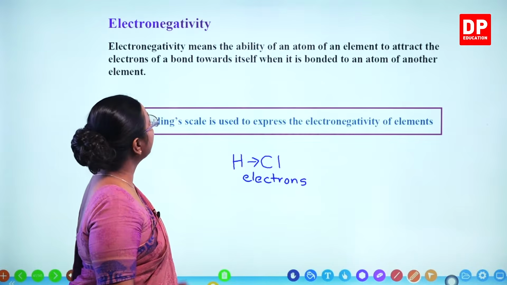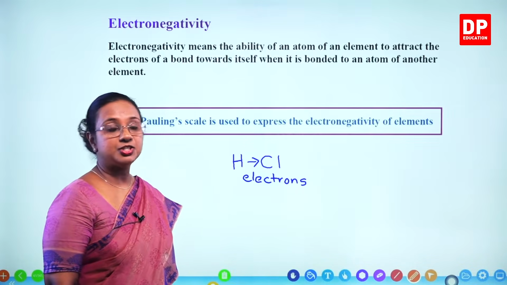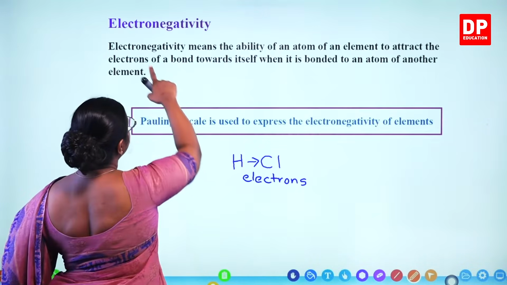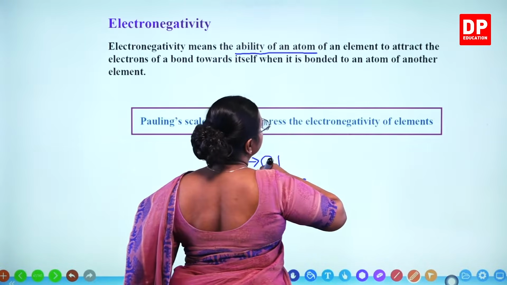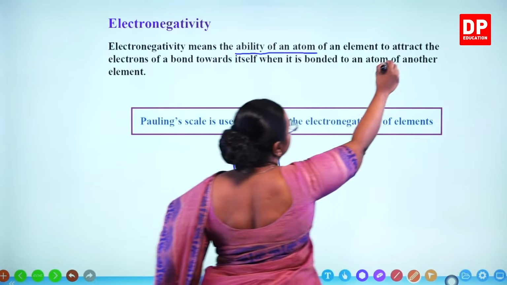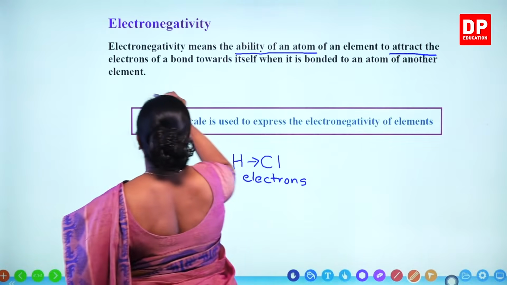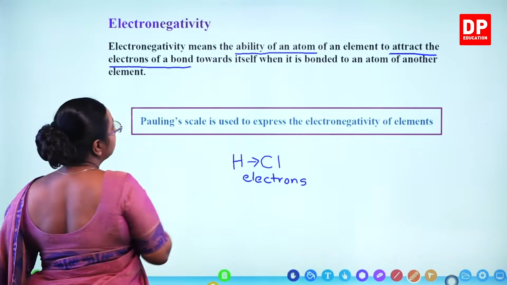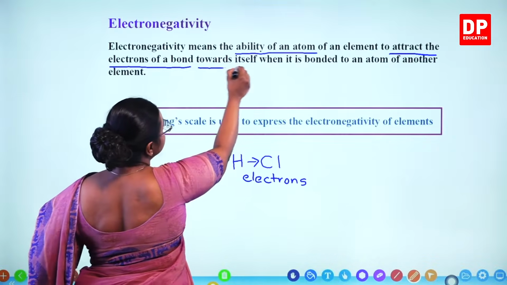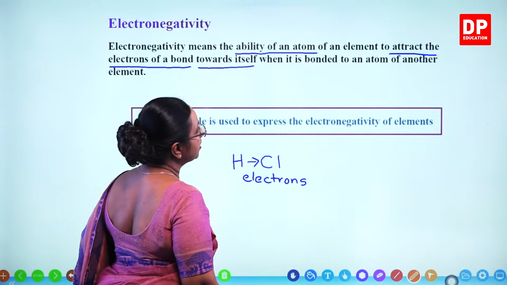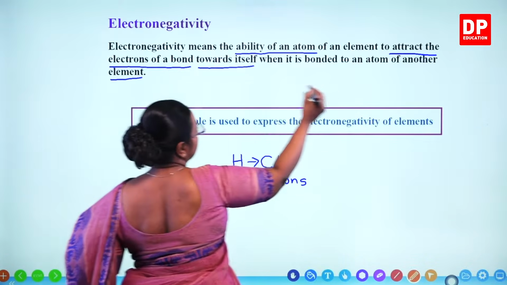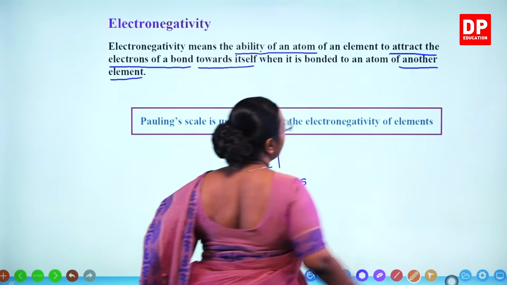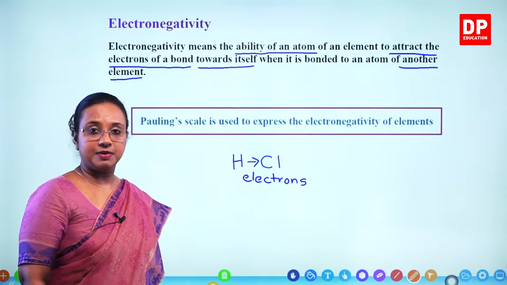Now, if we go back to the definition of electronegativity, electronegativity means the ability of an atom of an element to attract the electrons of a bond towards itself when it is bonded to an atom of another element. It has to be an atom of another element.